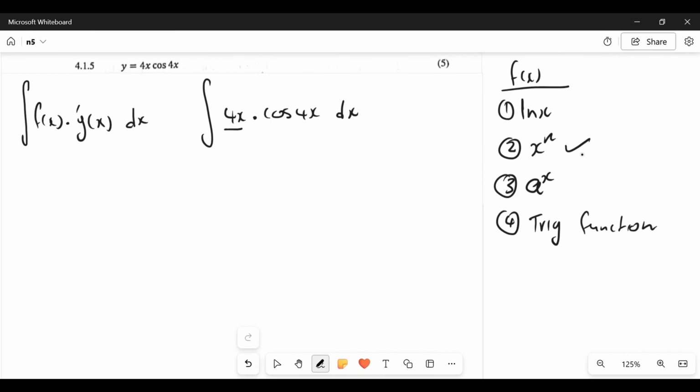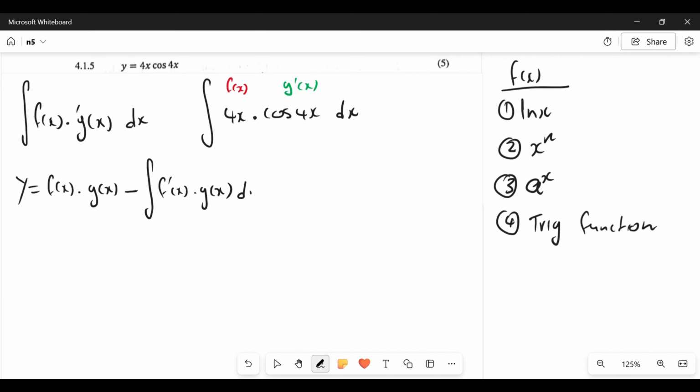So it means that it's gonna be the f of x because of the trigonometric ratio, it's underneath there. So if we have to name these ones here, we can say 4x is our f of x, and then cos 4x is gonna be g of x prime. So when we integrate this, it's gonna go like this: y is gonna be f of x multiplied by g of x minus the integral, and then this time around we derive f of x, and then we have g of x dx.